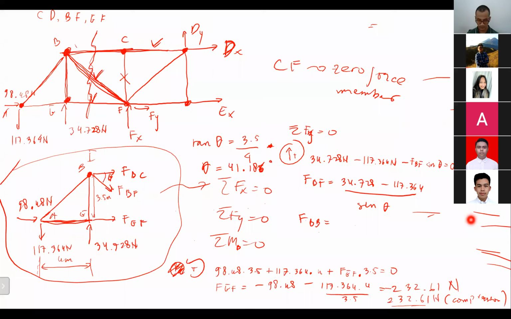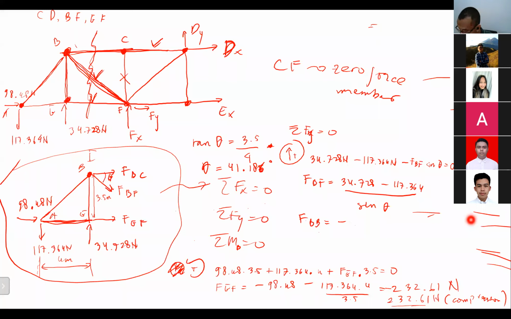34.728 minus 117.364 is minus 82.636, divided by sin 41.186.